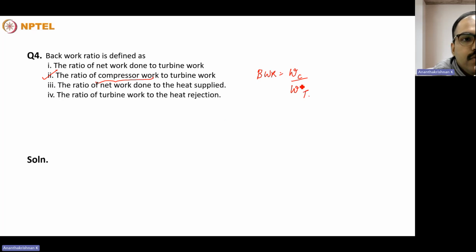This is not actually applicable to the Rankine cycle as such, where the Rankine cycle will be having a pump. But instead of compressor, we could denote it to be a pump as well. So the ratio of the negative work to the positive work is called the back work ratio.